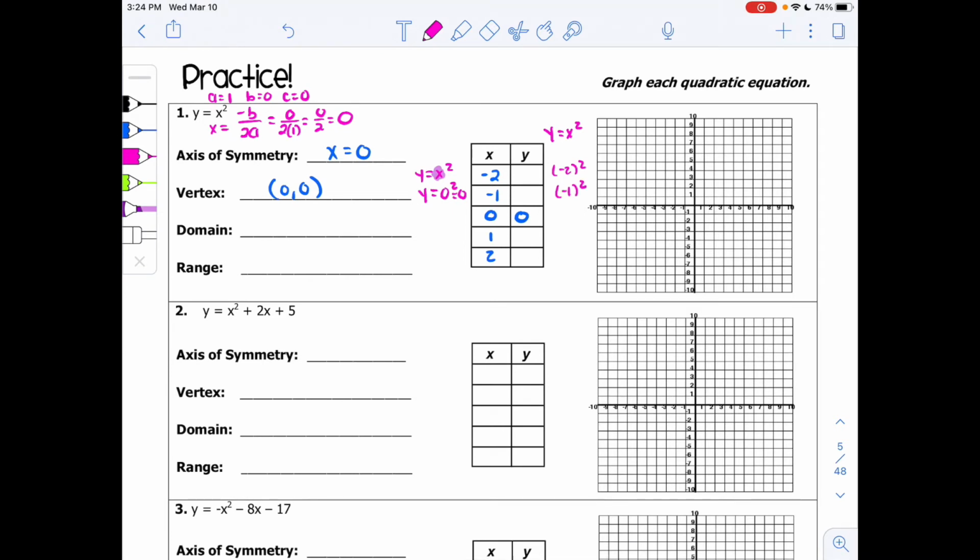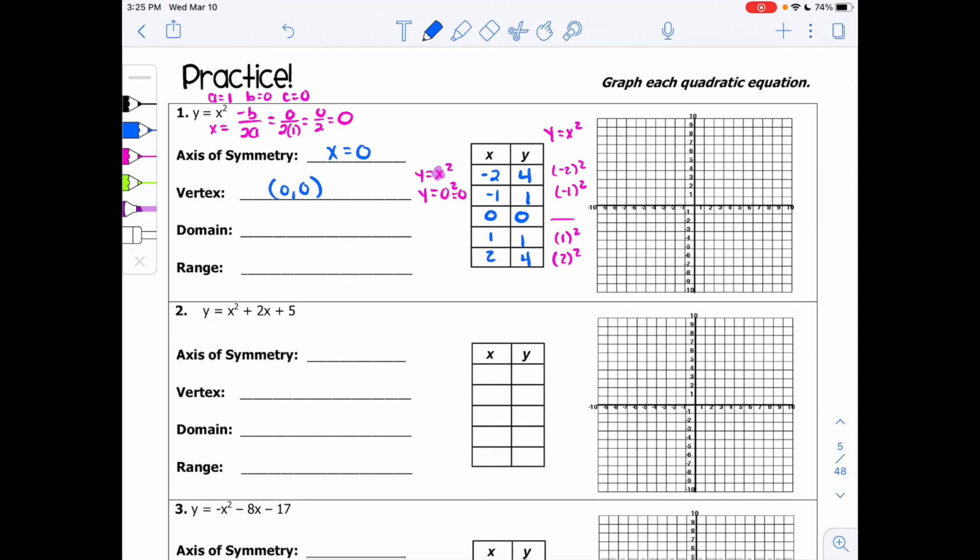We already have the 0, so then we're going to replace x with 1, 1 squared, and replace it with 2, 2 squared. -2 squared is 4. -2 times -2 is 4. -1 squared, -1 times -1 is 1. 1 squared is 1. 2 squared is 4. So now I have an even better picture and can graph these points.